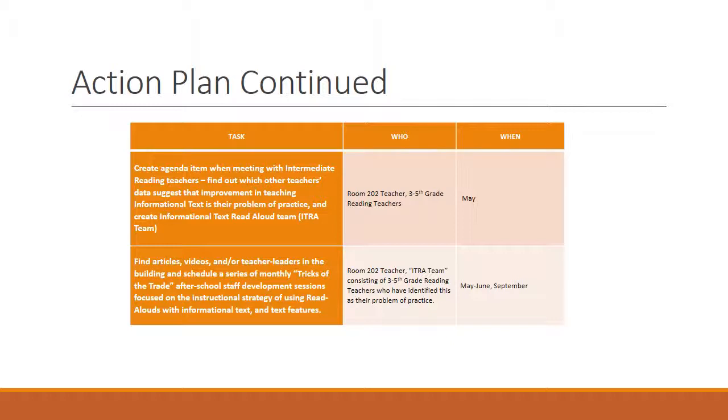The tricks of the trade is another pre-existing structure at the school where teachers can go to after-school meetings and receive continuing education units that they can apply to their recertification. All ITRA team members would attend these, and they would occur in May, in June, and then again in September.